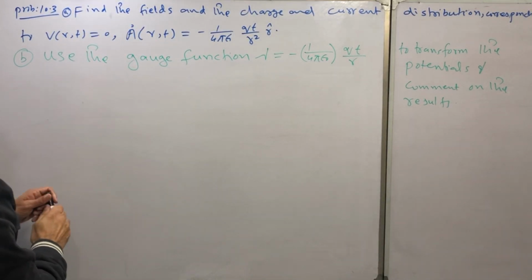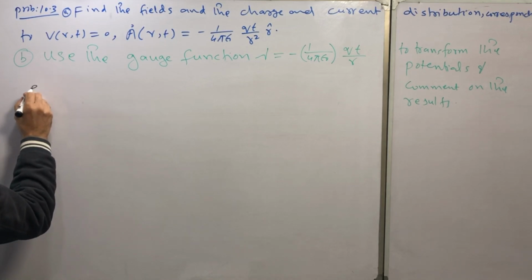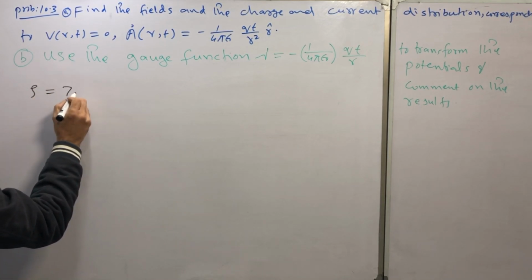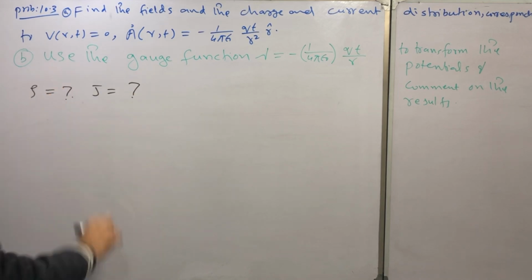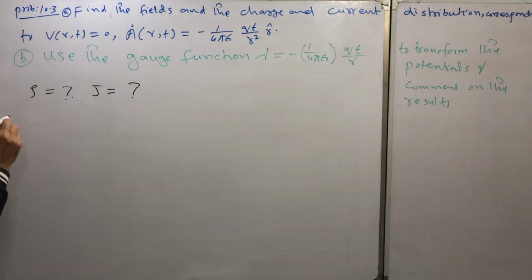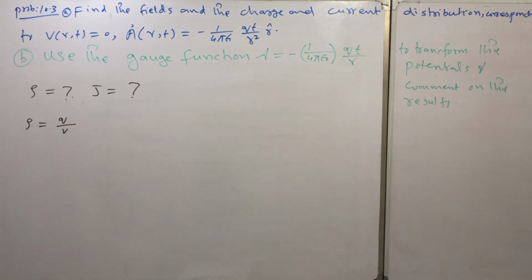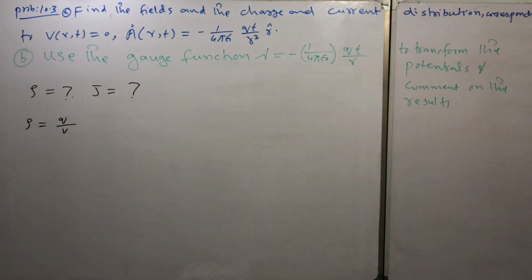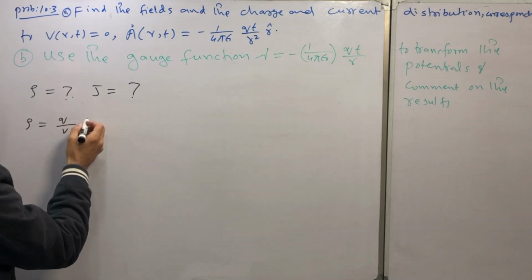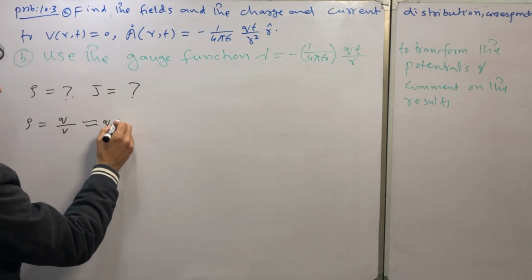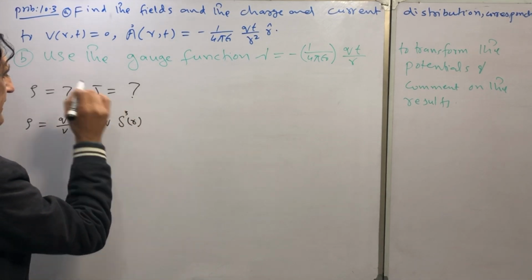Further in this question, we are also asked to find the charge density and the current density as well. To find the charge density, we need charge per unit volume. And charge per unit volume for a point charge is approximately equal to q delta cube of r.